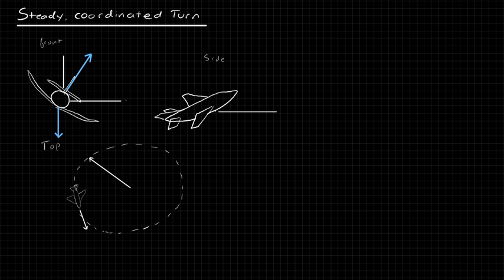Now the angle between the lift and the vertical is what's known as the bank angle, and that's this angle right here, and we're going to call that phi. Okay, phi is the bank angle. I'm going to label the lift here, and this is the weight.